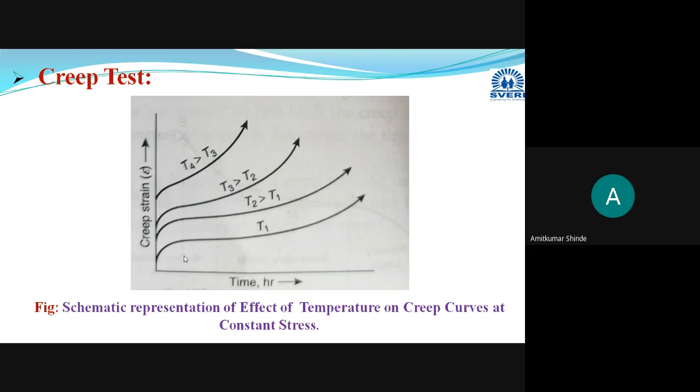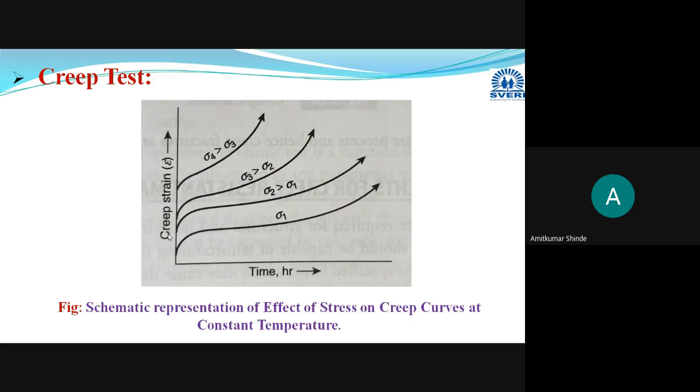So you have to explain these two curves. This one is the effect of the temperature on the creep curve at constant stress, and this curve represents the effect of the stress on the creep curves at constant temperature.